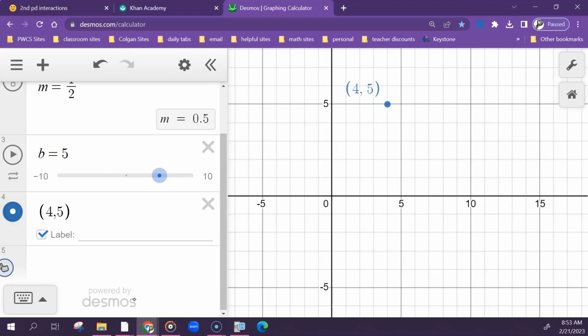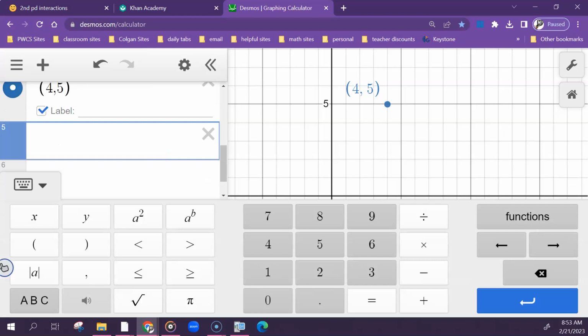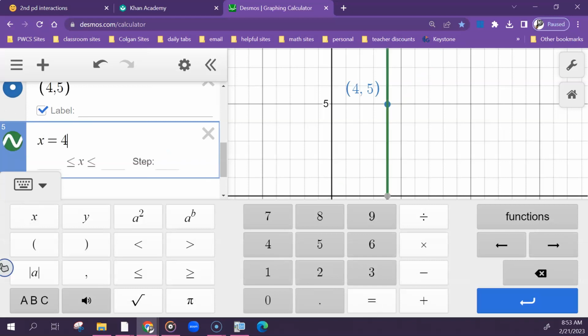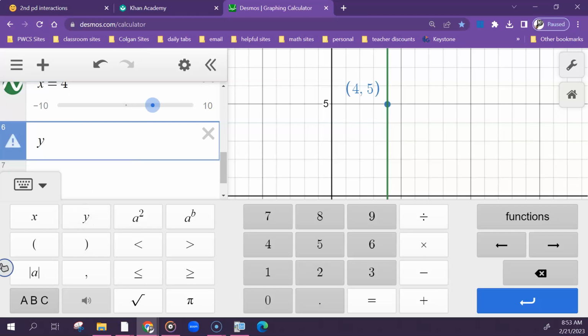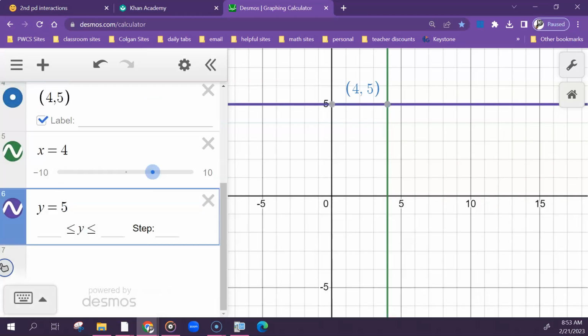And then, because it's a vertical line, you know it has to be an X equals, but maybe you forgot, you could type in both of these things. X equals 4, Y equals 5, to see which one is your vertical line that goes through that point.